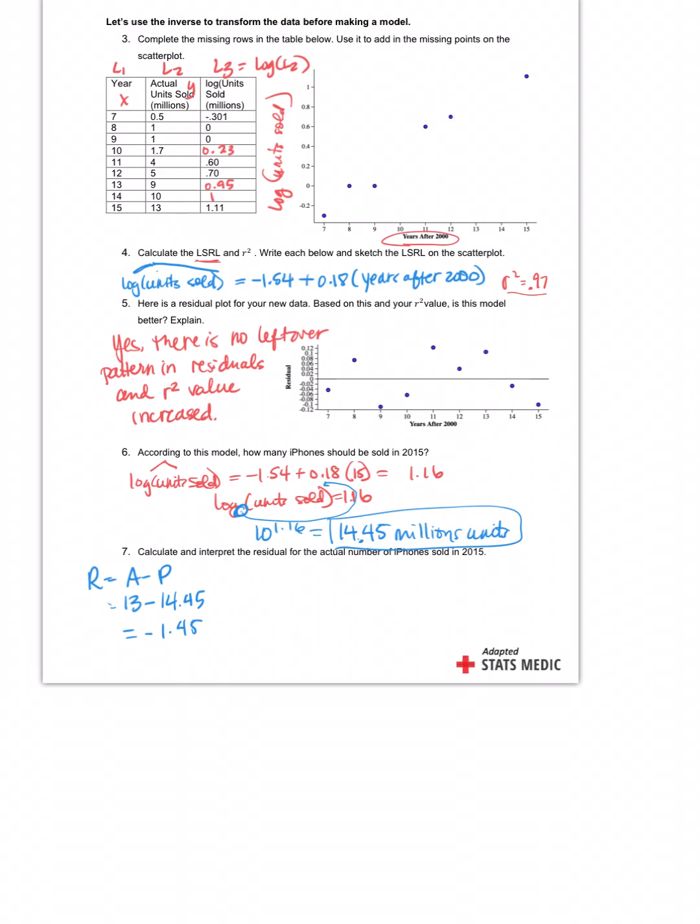Now I need to interpret. So let's say the actual number of iPhones sold in 2015 was 1.45 million below the predicted value.